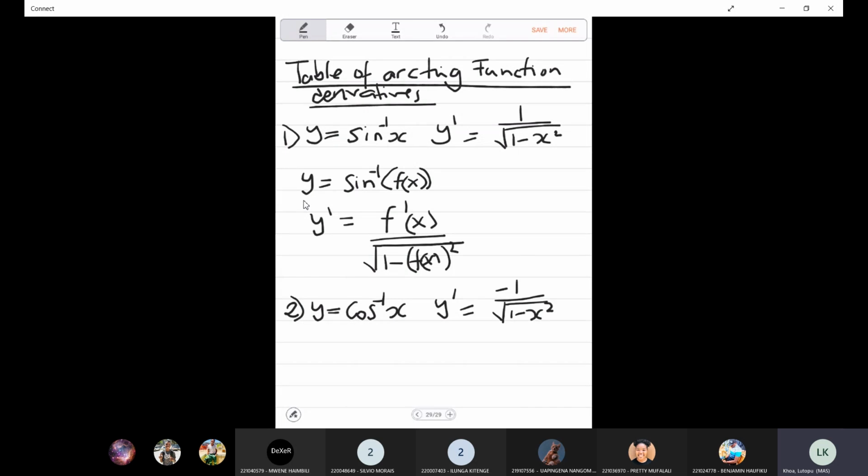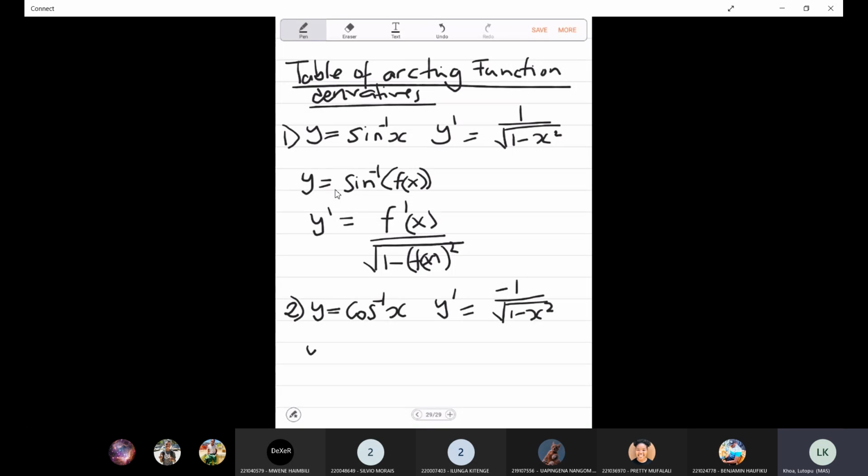Okay, so here now we know what the derivative is when what we're differentiating is cos inverse of x. So what if we're differentiating cos inverse of f of x? We apply pretty much the same thing we did over here.